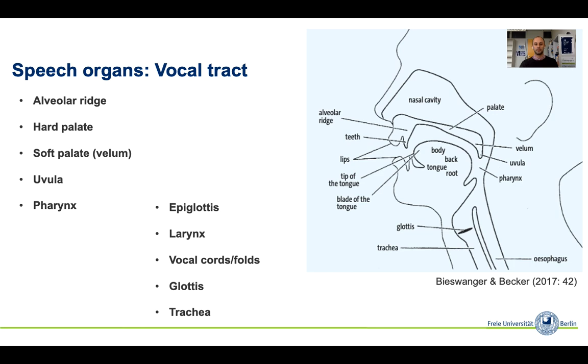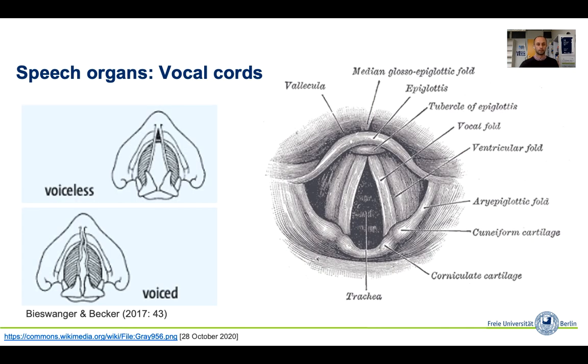Teeth. Then there is the alveolar ridge right behind our teeth, the palate, the soft and hard palate, the uvula, the tongue, of course, and then in the larynx are the vocal cords, or vocal folds sometimes.